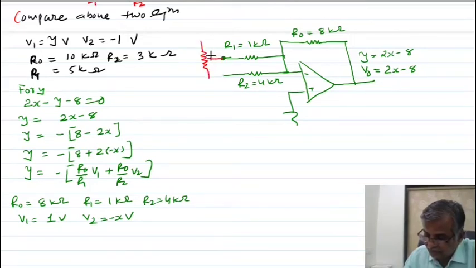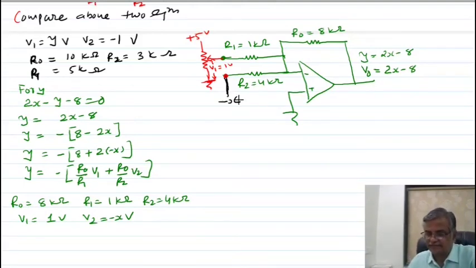Use the potentiometer circuit. Now plus 5, here ground. So this value V1 equal to 1 volt you have to adjust with respect to ground. Here you have to give minus x. Look here, what I did?